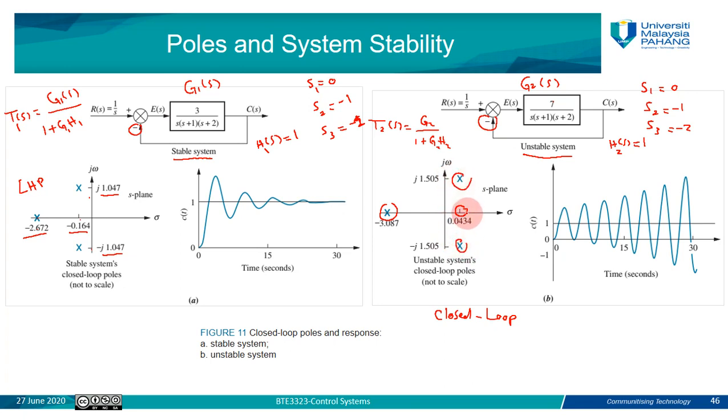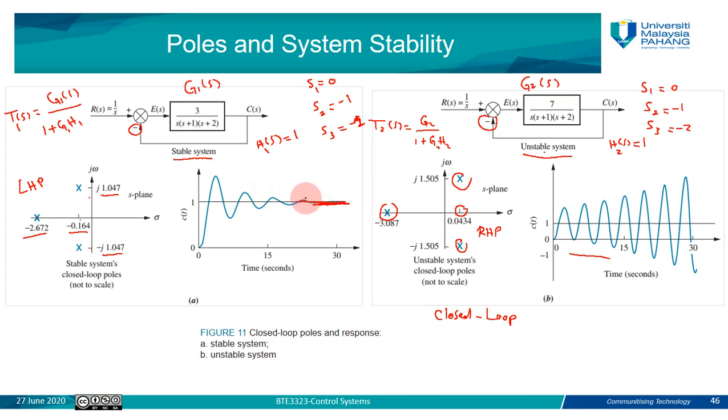Since you have one pole on the right half plane, your system will be unstable even if it is one of four. You can see how the response of this system goes up and down with no stability, while the other system goes up to a big value, then becomes stable until t equal to infinity.